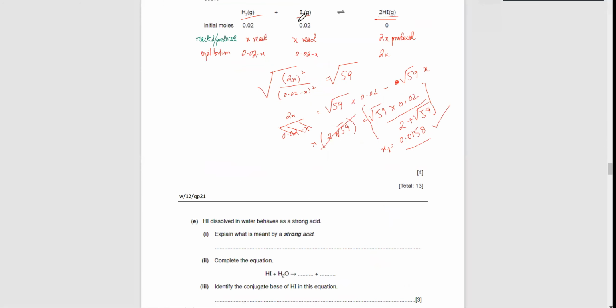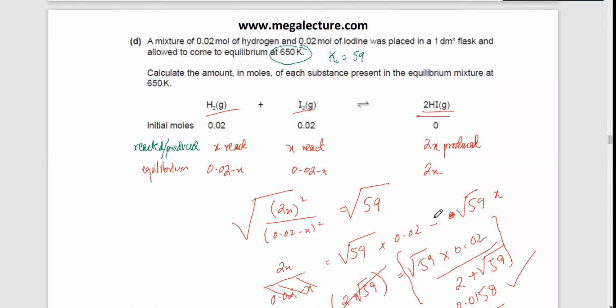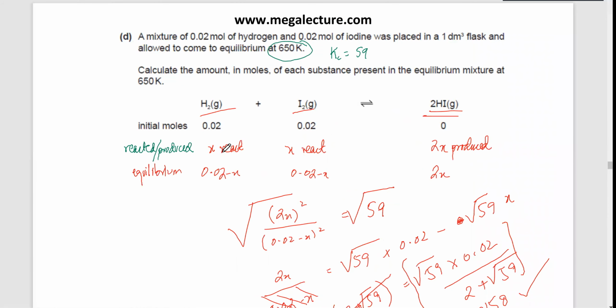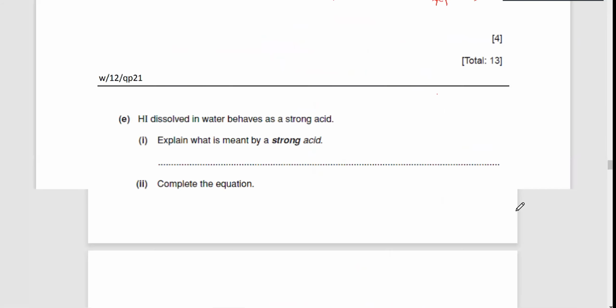No, it can't be 0.027 because if you put 0.027 over here, it's going to give you a negative value. I mean, this thing would turn negative. So equilibrium moles can't be negative. Okay, the second value it looks fine, that it's coming out to be negative.